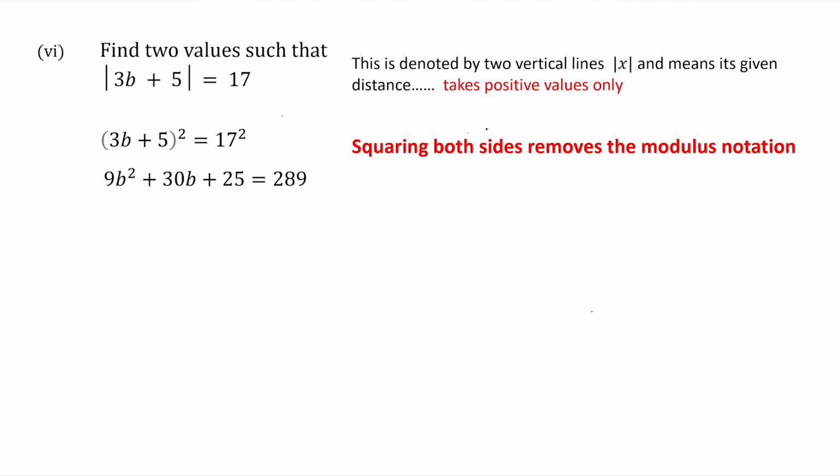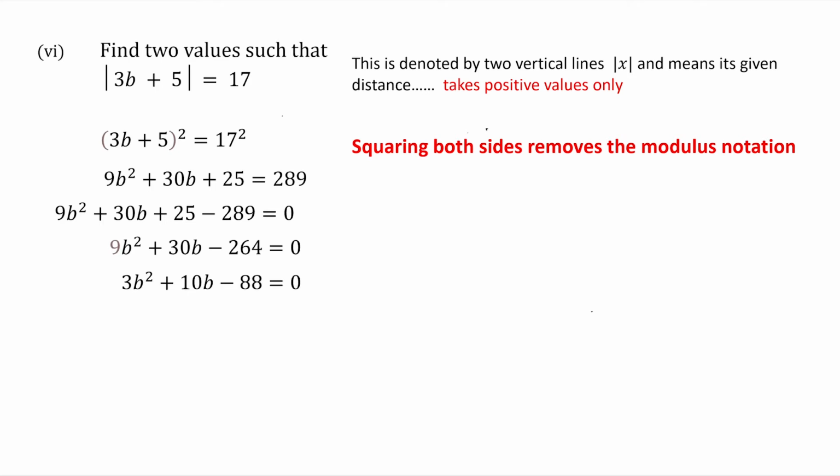Bringing the 289 to the other side of the equation leaves us with 9b squared plus 30b plus 25 minus 289 equals 0. Grouping together our like terms, we get 9b squared plus 30b minus 264 equals 0.